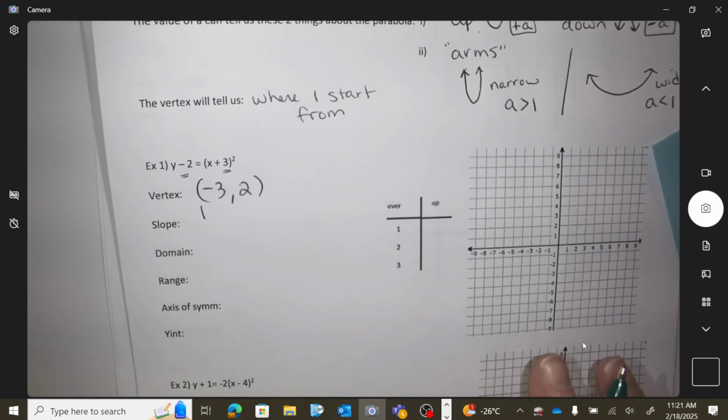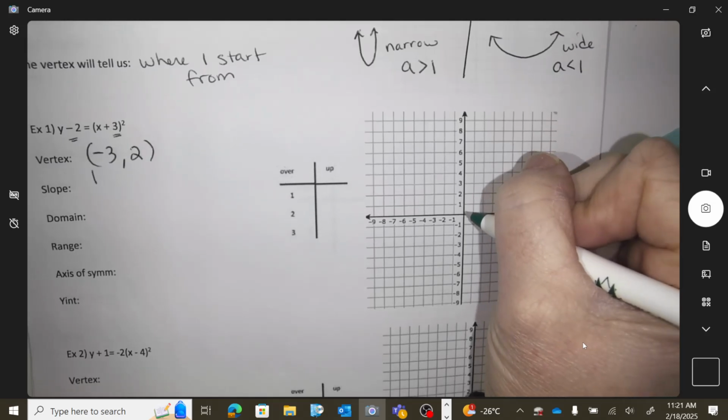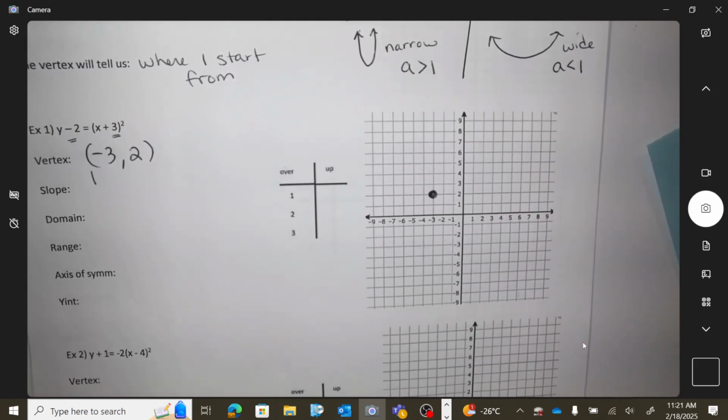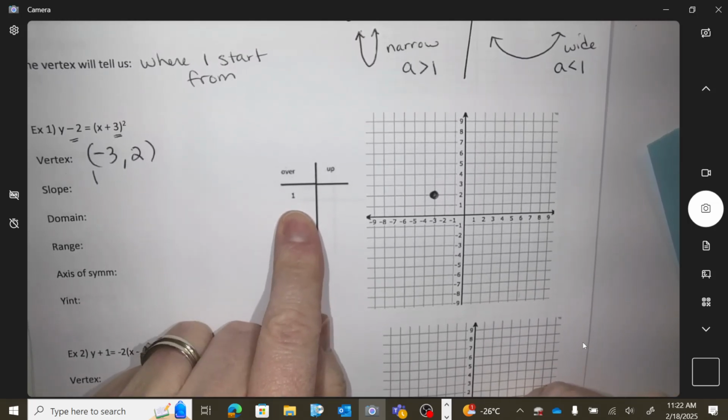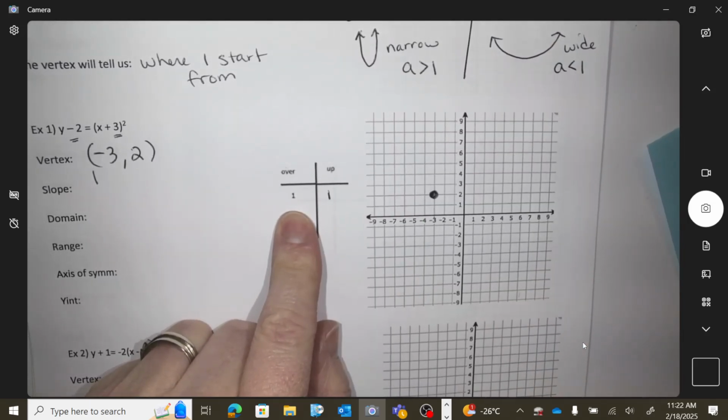Okay, we're going to graph. Ready? So I need you to go -3, comma 2. Okay, we're going to make a parabola pattern. Does anybody know how to maneuver a pattern on a parabola? If you change x by 1, y has to change by 1 squared, which is 1.